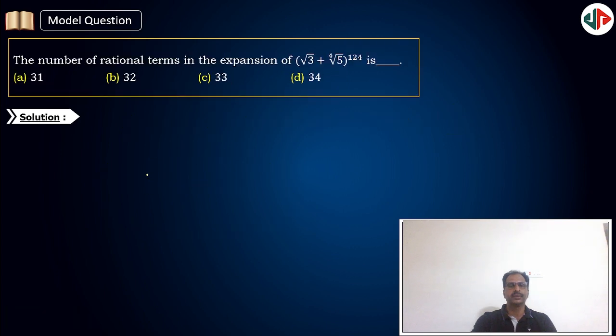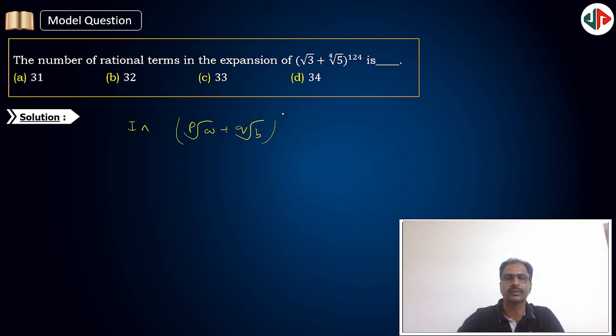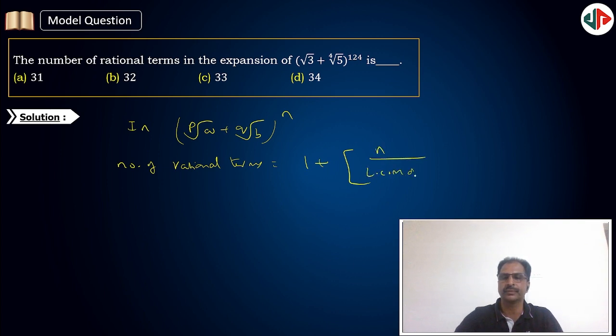Change it. Next, the number of rational terms in the expansion of (root 3 plus 4 root 5) whole power 124. There is a shortcut formula for this in the expansion of (p root a plus q root b) whole power n. The number of rational terms formula is like this: 1 plus floor of n by LCM of p and q.